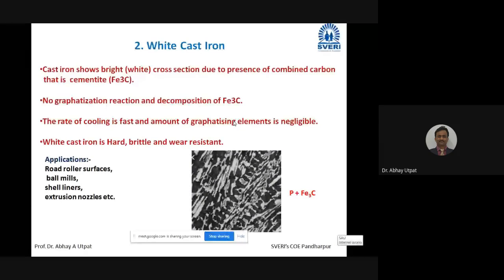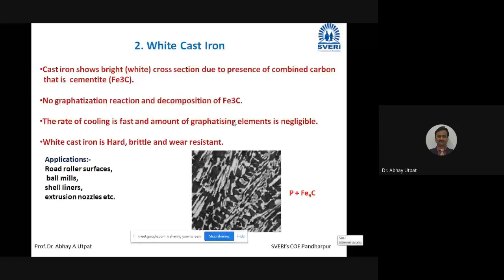But if you don't give the time and cool very fast, the austenite plus cementite at higher temperature will be cooled as it is, austenite is converted into pearlite, and cementite remains cementite. That's why the microstructure of white cast iron shows P plus Fe3C, which I have written near the microstructure.